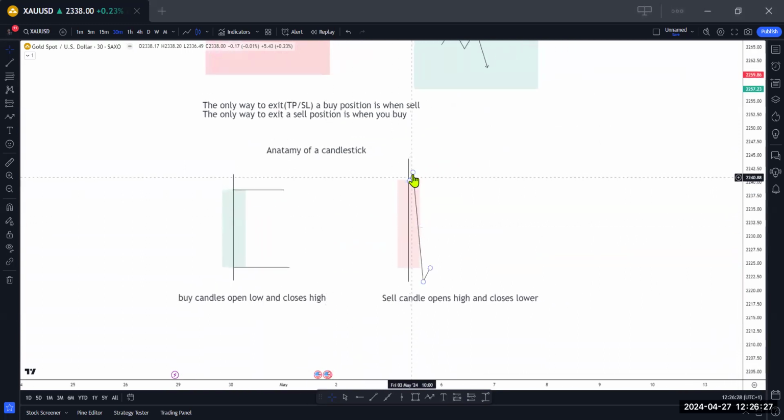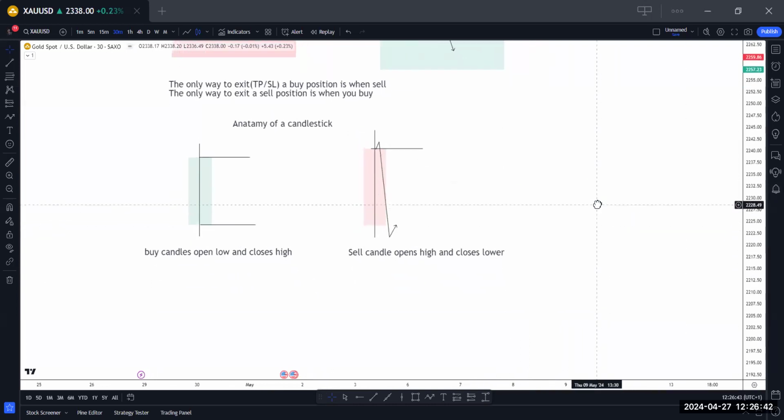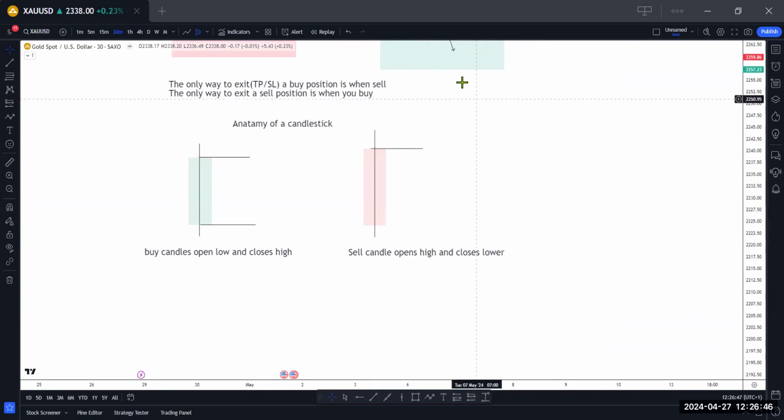Okay. So again, at the open of sell candles, what do we have? Support or resistance? At the open of sell candles, what do we have?